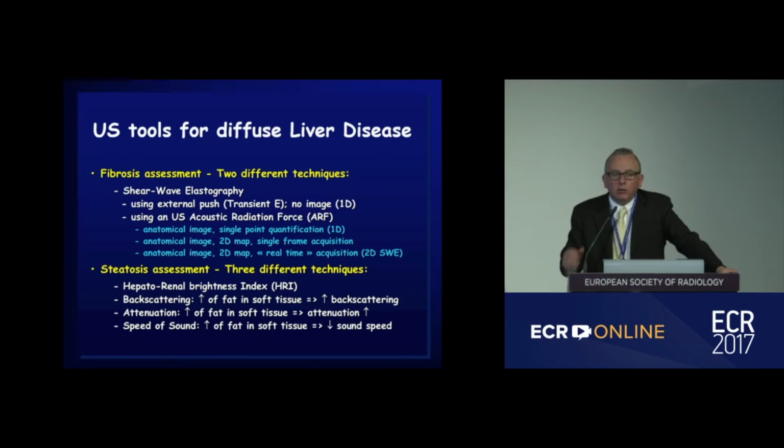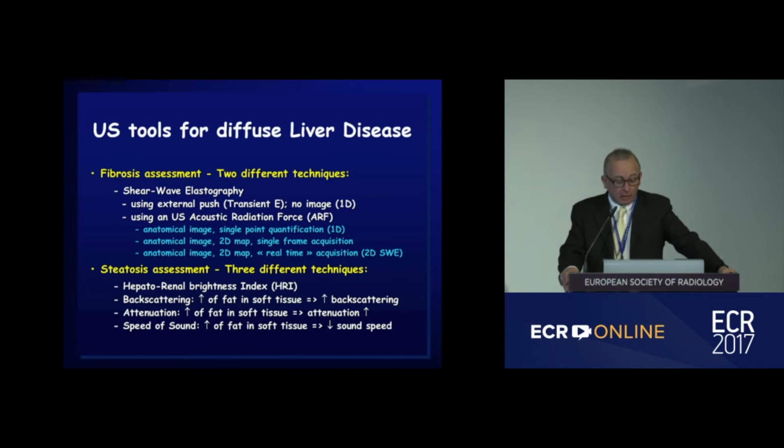But there are also new tools that are becoming available and under development for steatosis assessment. You can use a very simple but pretty efficient technique, which is just measuring the hepatorenal brightness index, so that's the hepatorenal ratio. You can also try to assess the backscattering, because we know that when the fat is increasing in soft tissue, the backscattering is increasing at the same time.